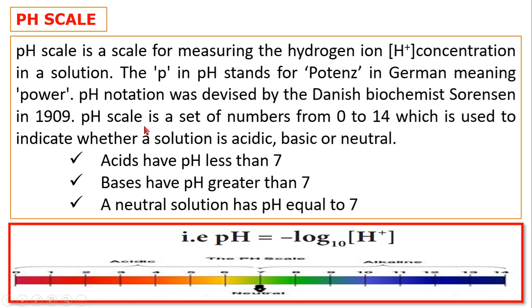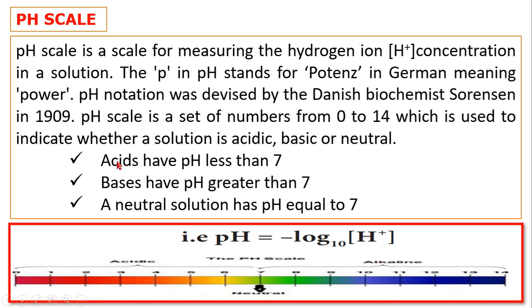So the pH scale is a set of numbers from 0 to 14. Come to the picture, 0 to 14. A pH value of 0 to 7 means the nature of the solution is acidic. If the pH value is equal to 7, it is neutral. And a pH value greater than 7, 8 to 14, means the nature of the solution is basic or alkaline.